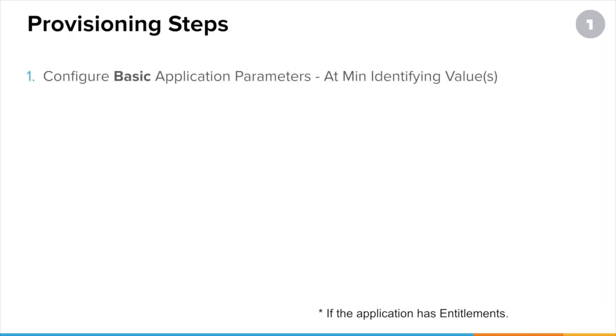So guess what? Order makes a difference. Just like it does when enabling OneLogin, it makes a difference when setting up provisioning. So first, you need to match up which field or fields from OneLogin will be used to uniquely identify the user in the application. It will be among the basic parameters that you need to send to the application.